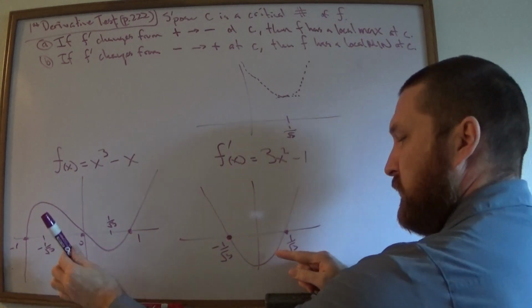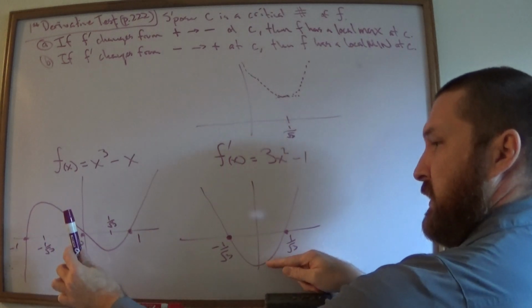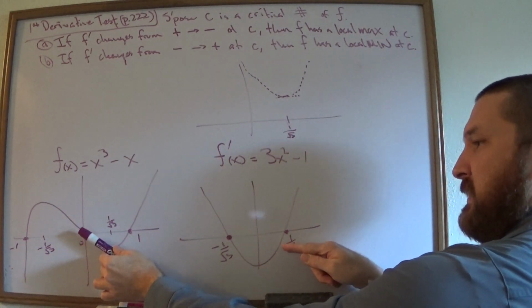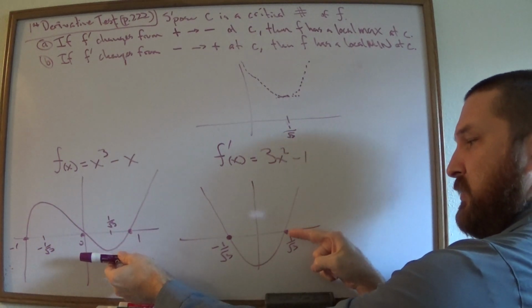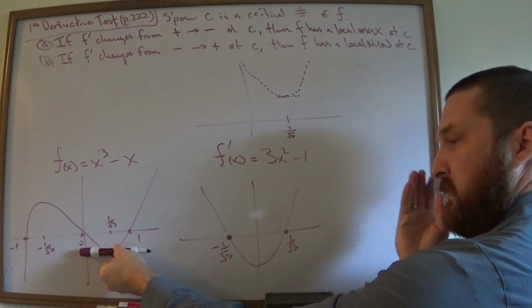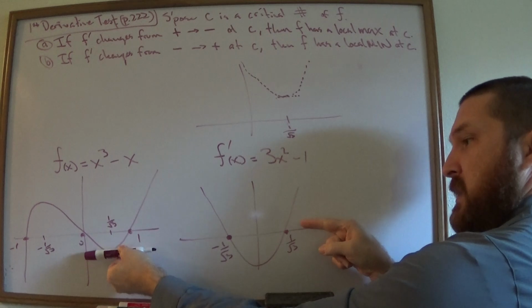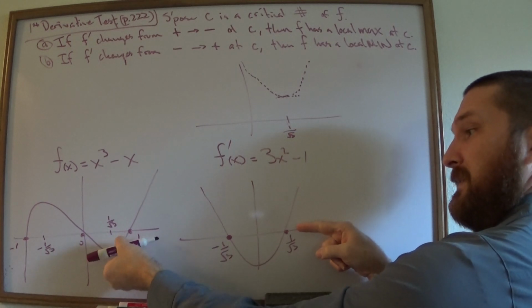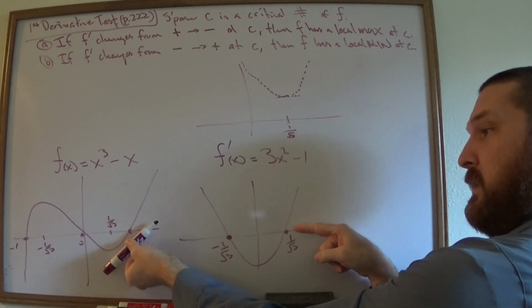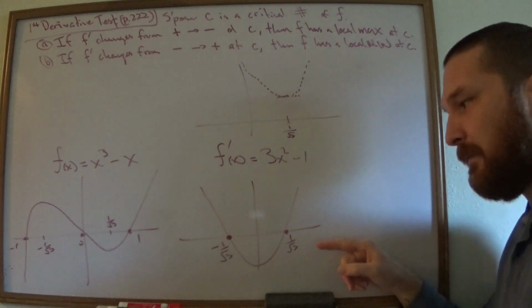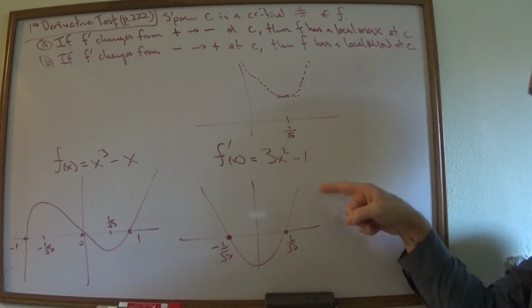As we get closer to 1 over root 3, it's negative, and it gets less negative, less negative, less negative, until it gets to 1 over root 3. Now the slope is 0. Now as we move beyond 1 over root 3, it starts to increase. The slope is increasing. Another way of thinking about this is you're going from decreasing to increasing.